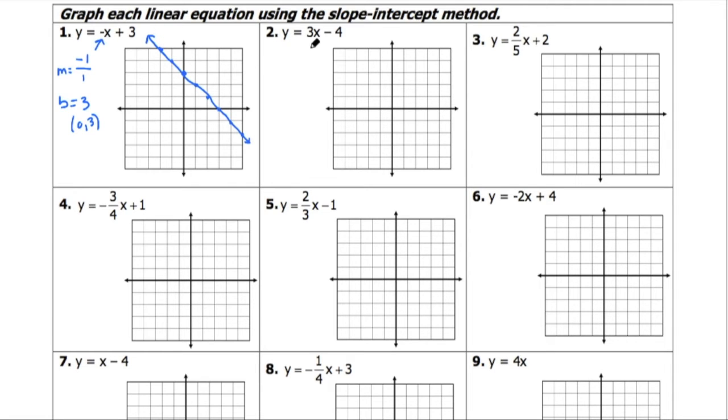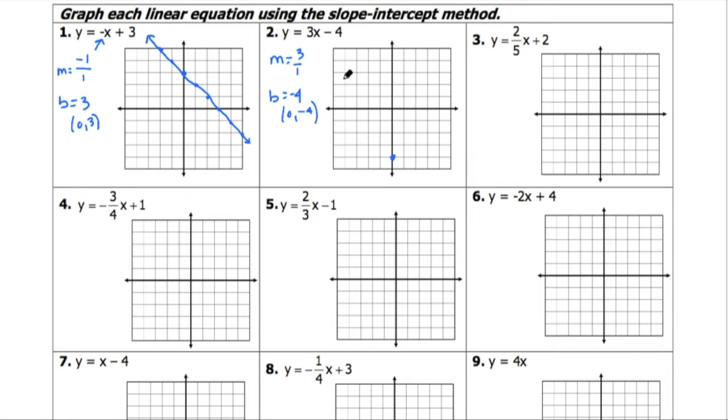Let's look at a couple more examples. Here we have y equals 3x minus 4. So our slope is 3, or in other words 3 over 1, a rise of 3 and a run of 1. B is negative 4, which would mean the point (0, negative 4). So (0, negative 4) is down 4 on the y-axis.